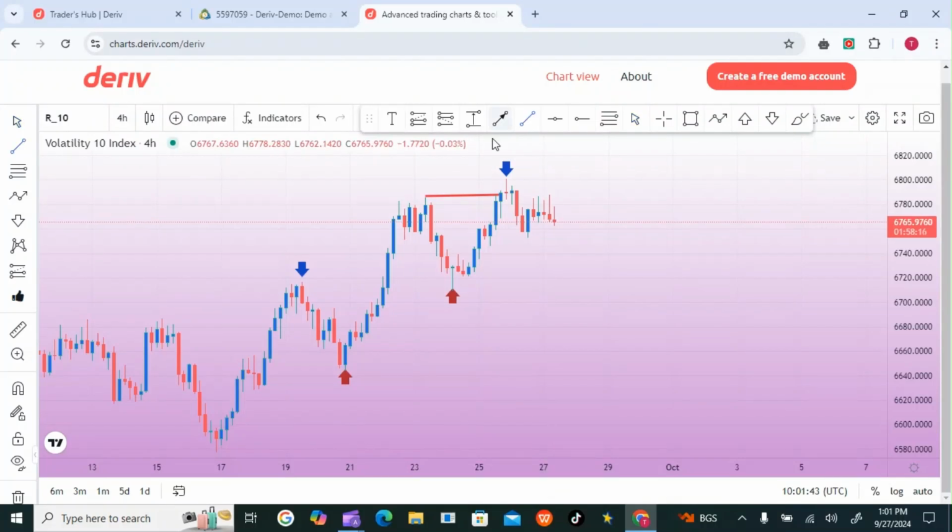So the market went like this. It broke the BOS, the break of structure there, and proceeded up. And what did we expect? Again, we expected the market to make another movement, create this higher low, then proceed in the up direction.